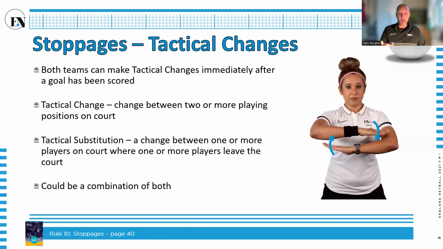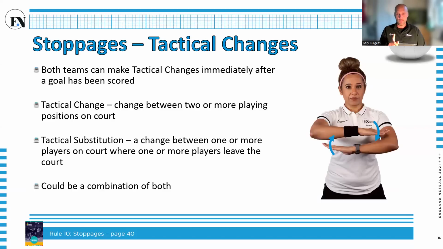Therefore, any membership or insurance is invalid on that format of the game. And additionally, we're not able to assess umpires on anything that's not covered outside of Rule 21, which is variations to the rules.